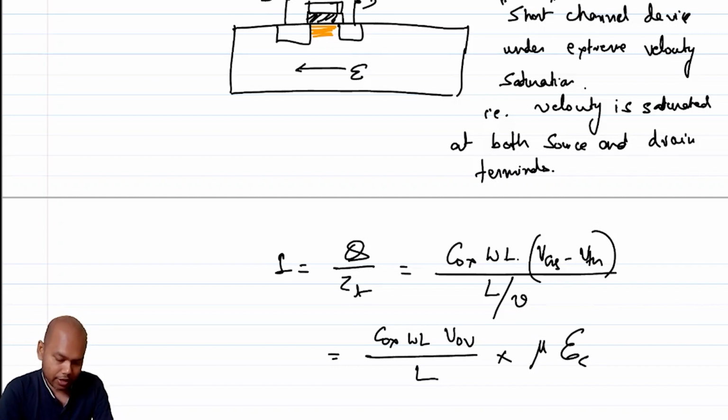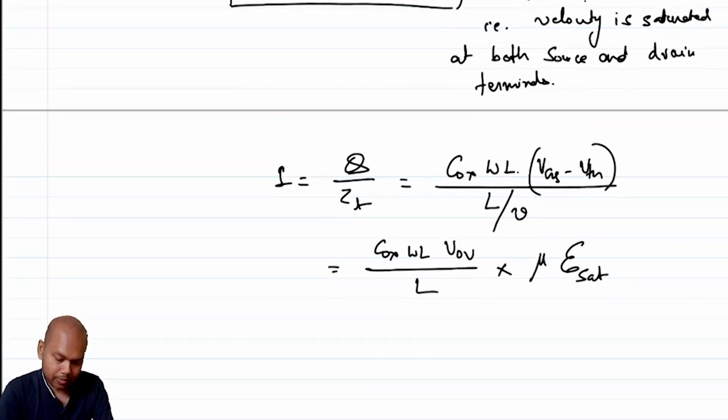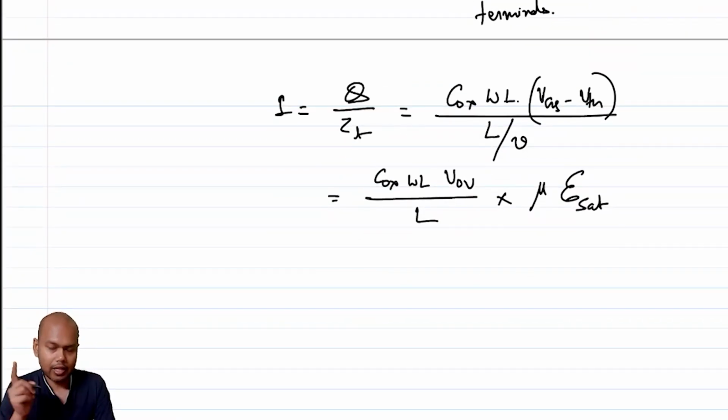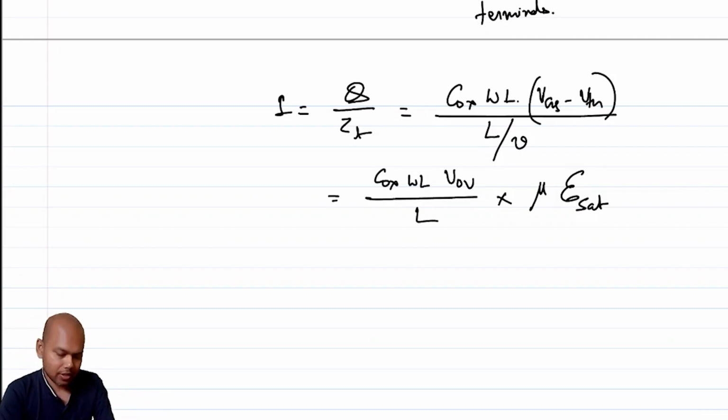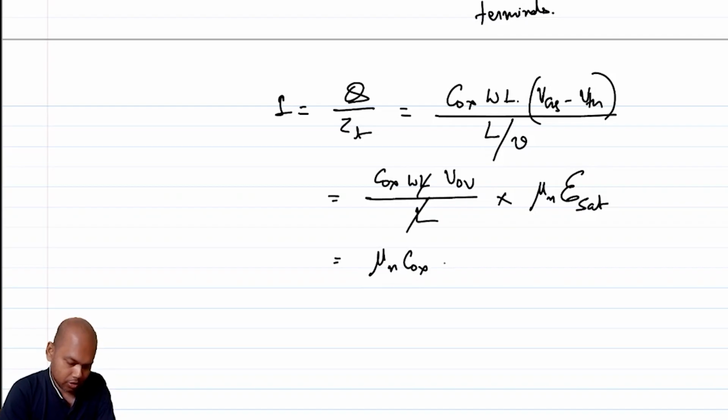But note that now the electric field has saturated. It's basically E sat. In a long channel device, this is a function of VDS, the drain to source voltage that you have applied. But in this case, it is saturated, it is fixed. So what do you get? You get mu n, Cox, W times V overdrive times E sat.